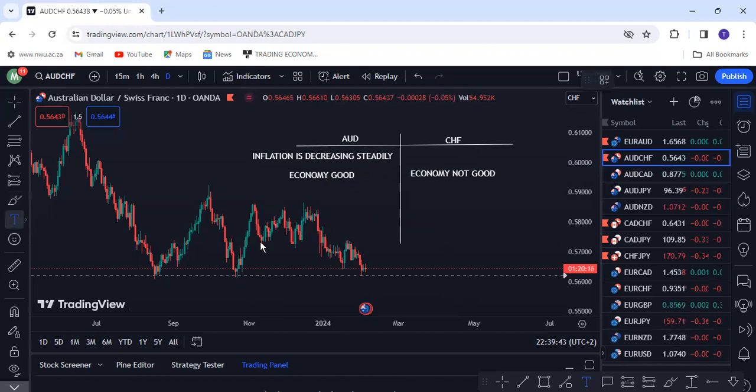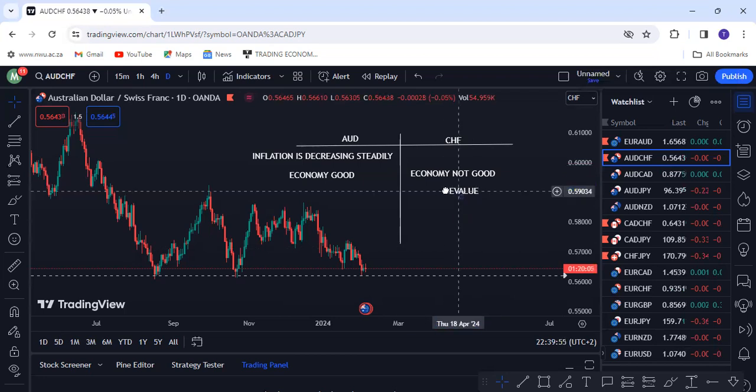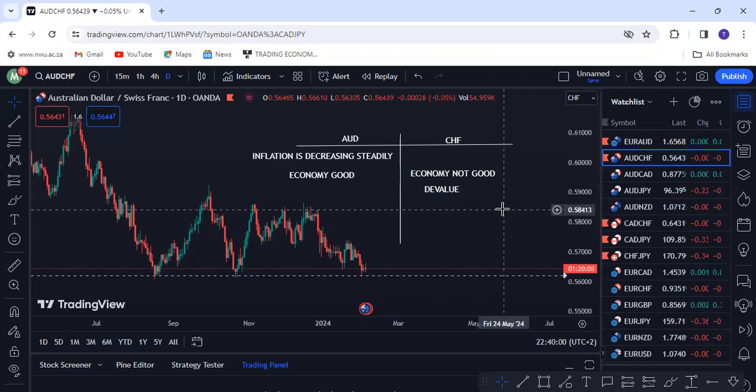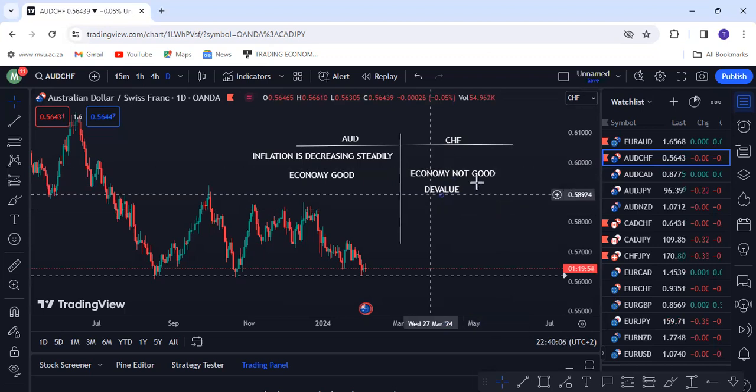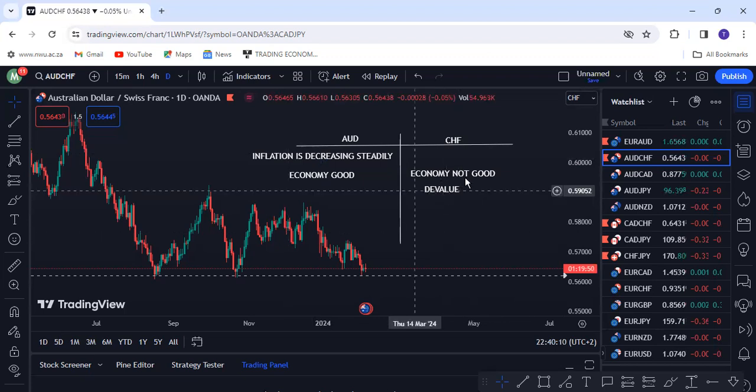The Swiss National Bank said that the Swiss franc is overvalued, meaning that it's expensive. So they are going to intentionally devalue it via monetary policy, meaning that they are going to buy other currencies. They're intentionally going to invest in other currencies just so that they can devalue the Swiss franc.